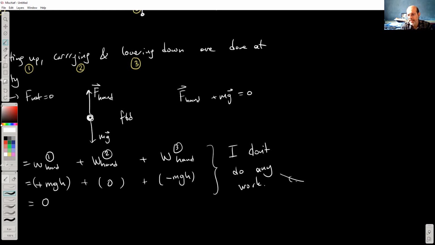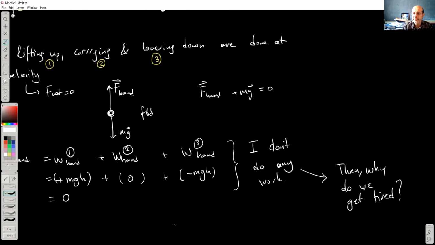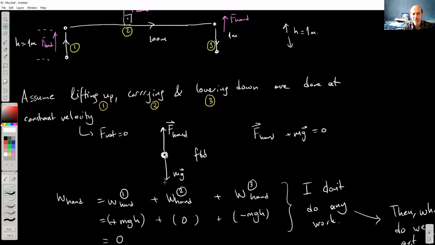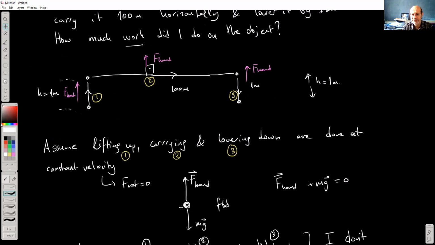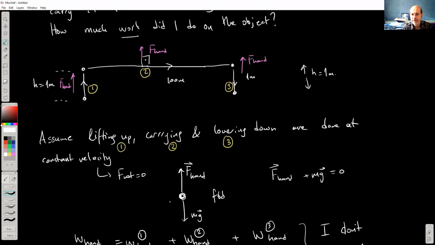And the question is, then why do we get tired if we don't do any work in here? Why do we get tired? Let's just reconcile these two concepts of physical work done and the work concept in everyday life. I don't know if you have any ideas in here.